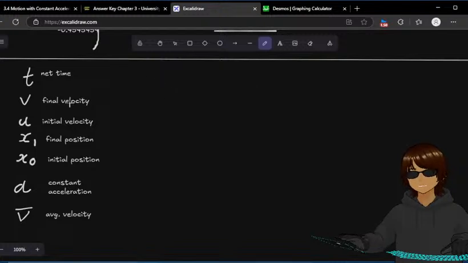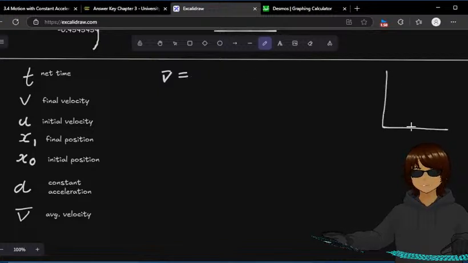Now, first of all, average velocity: since the acceleration is constant, right? The velocity would look like this, v and then u. Or it would be easier if I imagine this is the initial velocity, this is the final velocity, and the acceleration is constant.